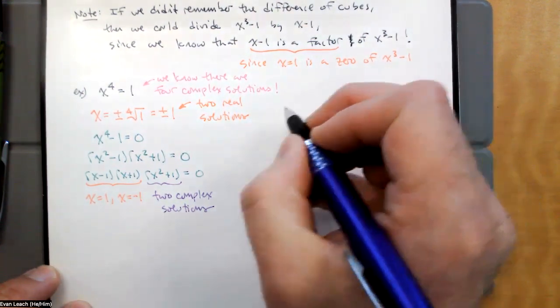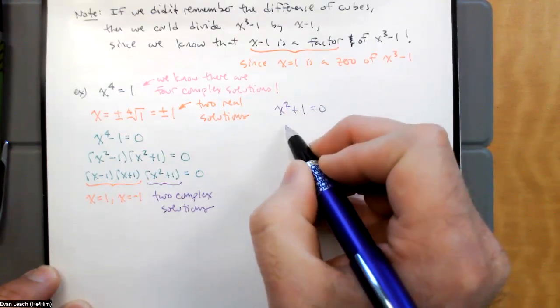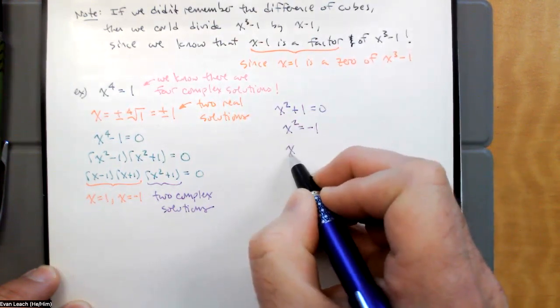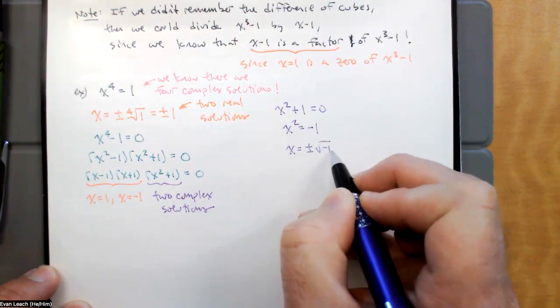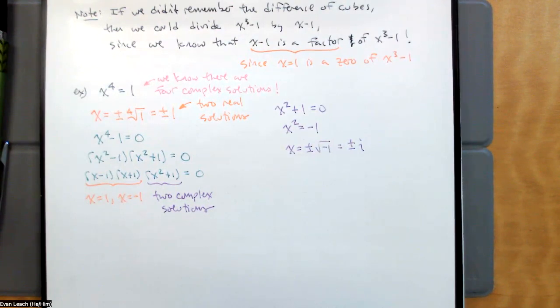So if we take x squared plus 1 equals 0, if we apply inverse operations in reverse order, there are the other 2 complex solutions. So the 4 solutions to x to the 4th equals 1 are plus or minus 1, and plus or minus i.